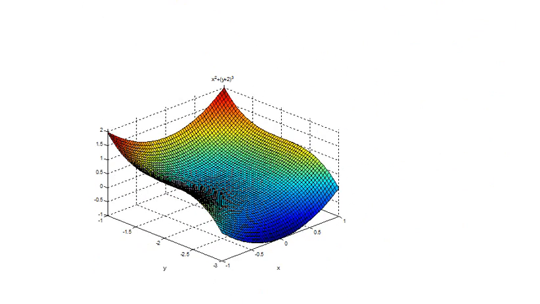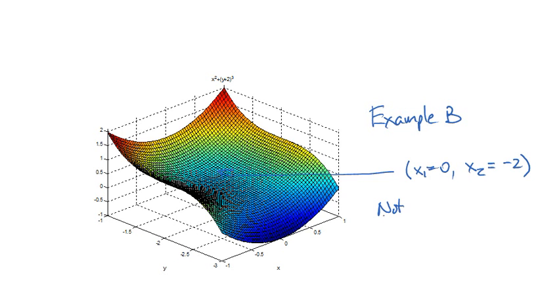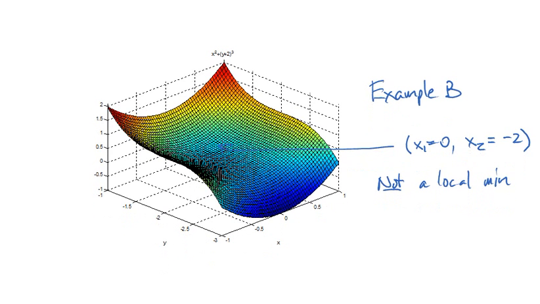But in example B, it's not so easy to see, but the point is in the middle again. So x1 is equal to 0, x2 is equal to negative 2, right there in the middle, and it's clearly not a local minimum. So we have the exact same problem in multidimensional functions as we had in one dimension, that the first order necessary conditions don't guarantee a minimum. However, they tend to be the only thing that's practical for us to look for.